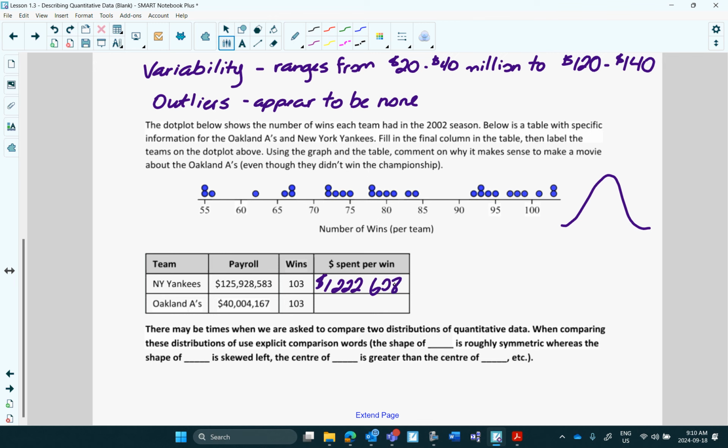That means every win was over $1.2 million. For the A's, every win was under $400,000. So you can see why it's kind of a special story that they made a movie.